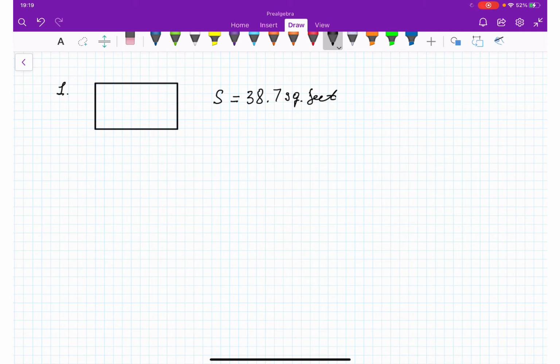The width is 4.5 feet. Okay, length. Oh, we need to find the length.